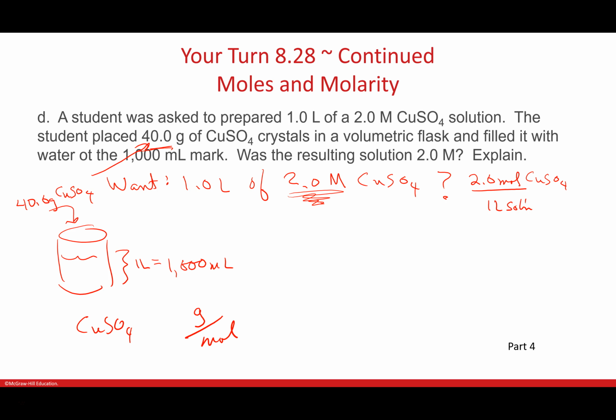Autumn, can you help me out? We have to add up all these decimal numbers. What's the decimal number for copper? 63.546. Very good. And the decimal number for sulfur? 32.6. Awesome. How about oxygen? I'm going to multiply it by 4.